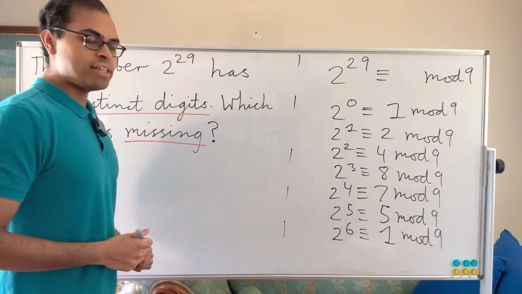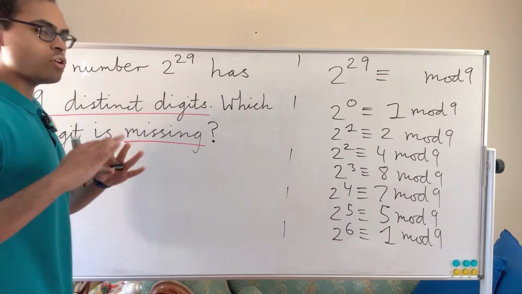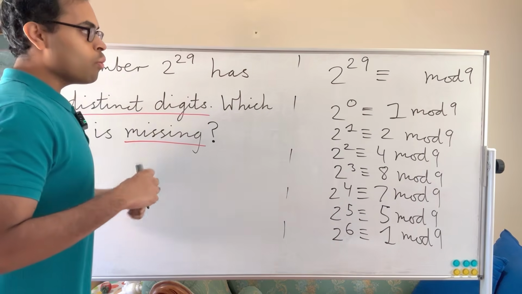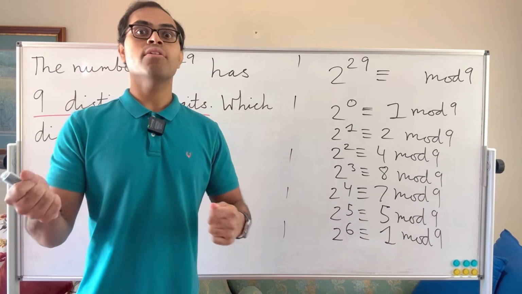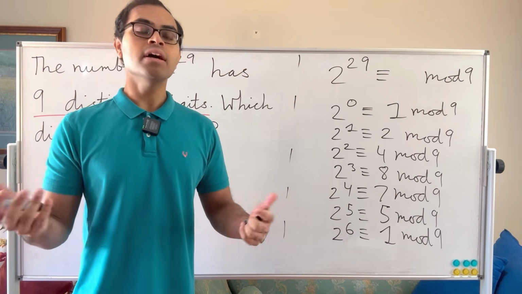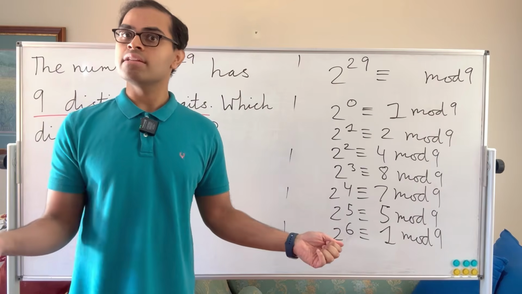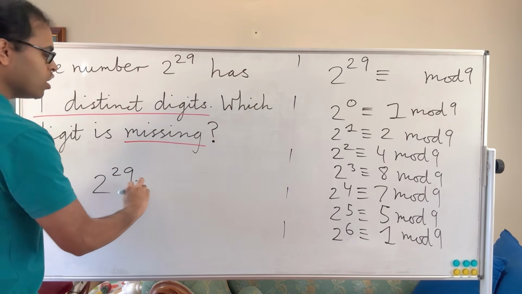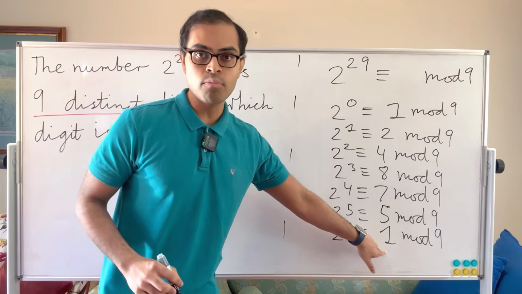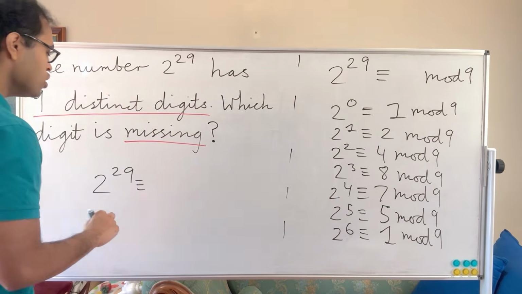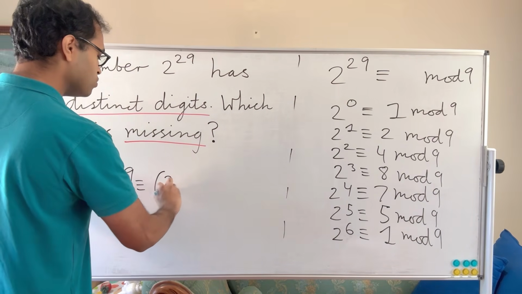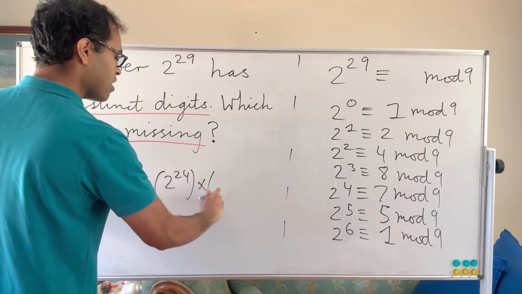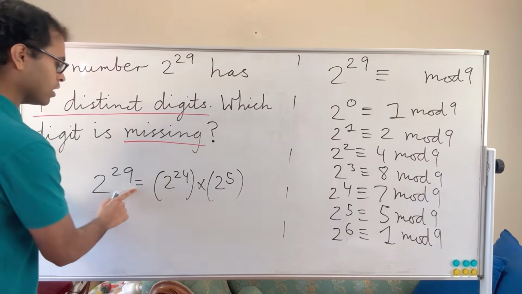The way we justify this rigorously is with what's called modular arithmetic. When you multiply numbers and take their remainder when you divide by, say, 9, it's the same as multiplying their remainders. So when you take a massive number like 2 power 29, we know that 2 power 6 is 1 mod 9. That's a nice number. So 2 power 29 is equal to 2 power 24 times 2 power 5. That's an equality.